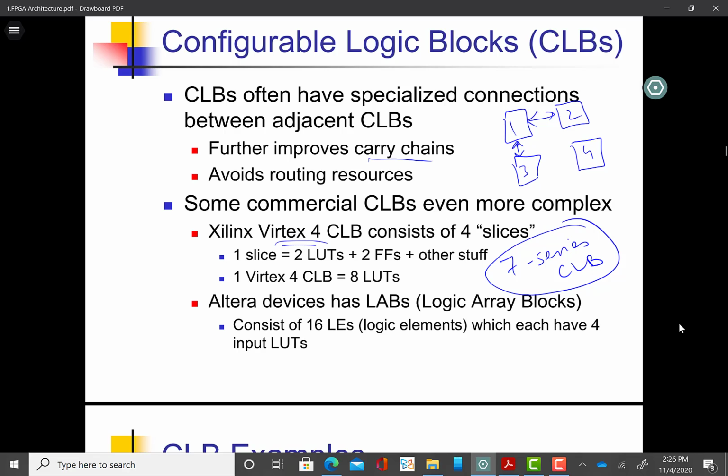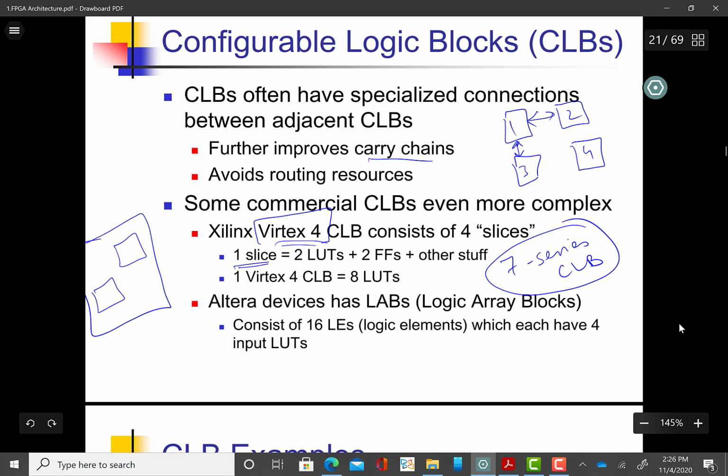For example, if we talk about Virtex 4 FPGA, each CLB has what is called a slice. So one CLB has two slices. This is our CLB, it has two slices. One slice was called odd, the other slice was called even, and each slice contains two LUTs.